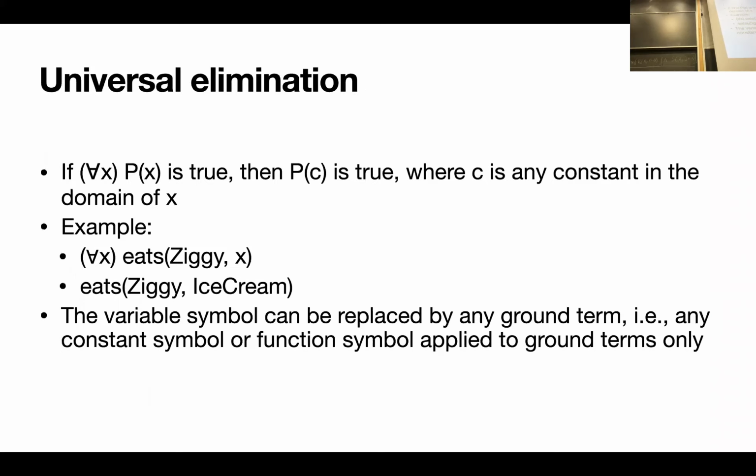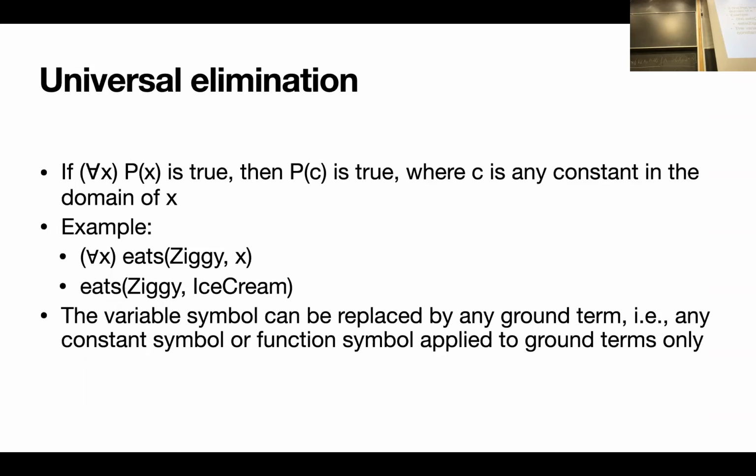So there's something called universal elimination. One easy thing we can do is that if we have something like for all x, p of x, then we can say that p of c is true for any c that is in the domain of x.